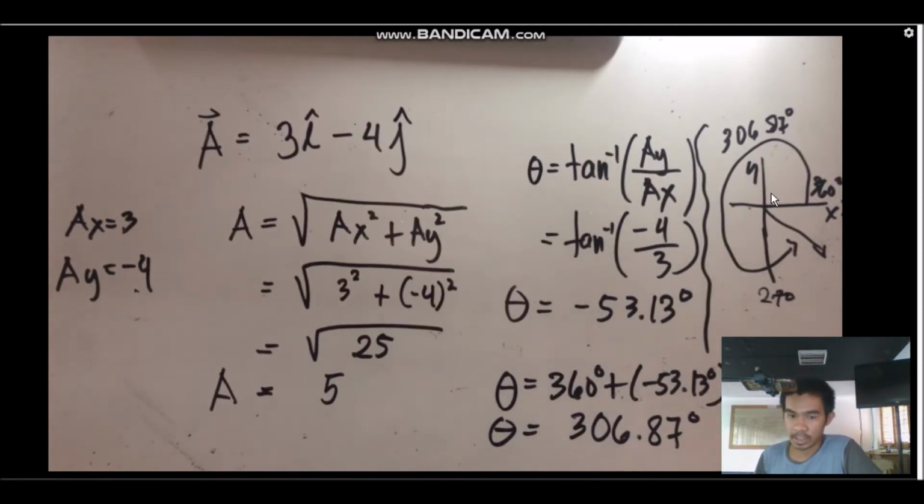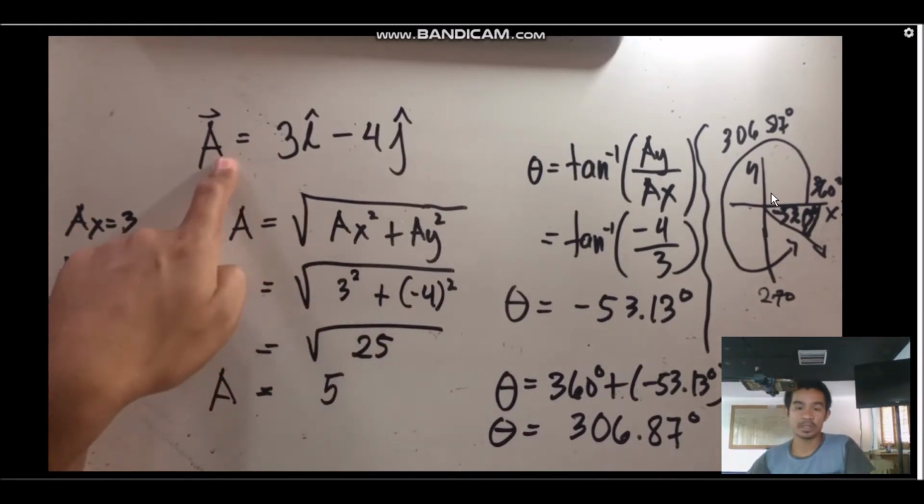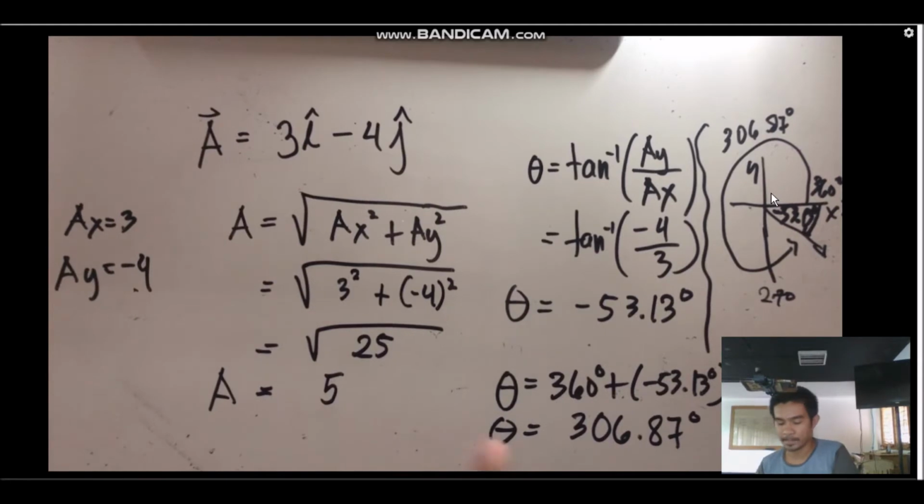Now, where is this negative 53.13? Again, from the positive x-axis in the clockwise direction. So we can now express vector A in terms of magnitude and direction.